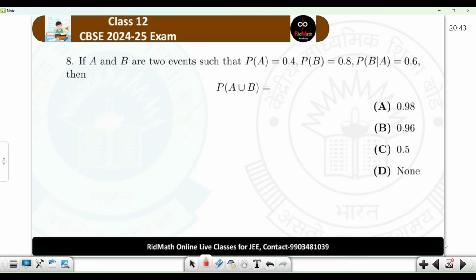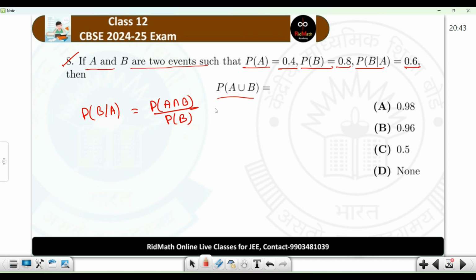Next problem, 8. If A and B are two events such that P of A equals 0.4, P of B equals 0.8 and P of B given A is 0.6, then what is P of A union B? So P of B given A is equal to P of A intersection B divided by P of A, because P of A intersection B and P of B intersection A are both equal.